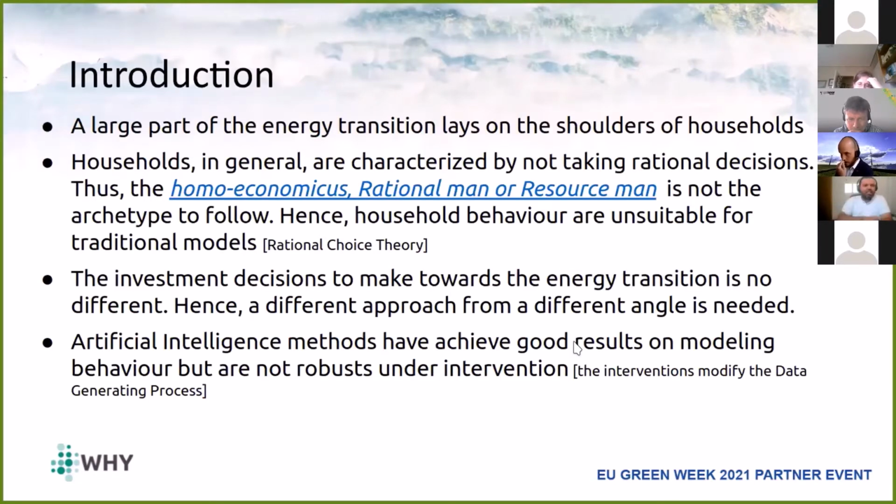The key point that we wanted to make is that a large part of the energy transition lies on the shoulders of households. But households are normally not characterized by taking rational decisions. This is something that Nieves has already stressed a lot during her presentation. The homo economicus, the rational man, the resourceful man, these are archetypes that are not the majority of people.